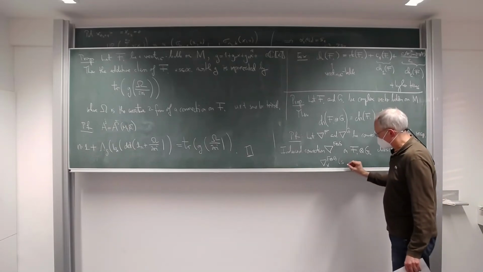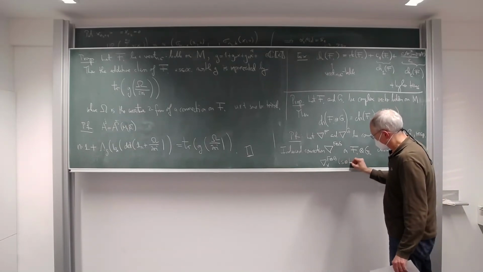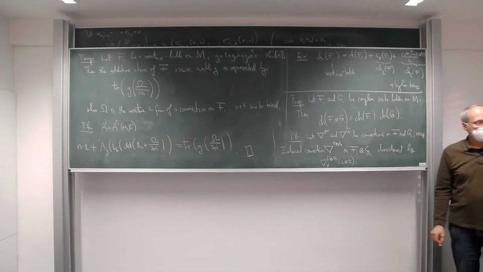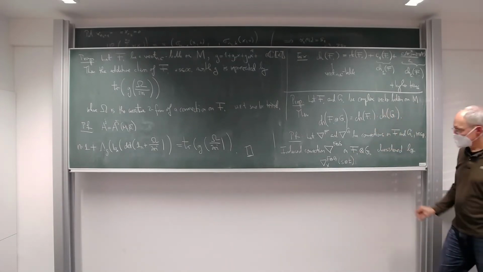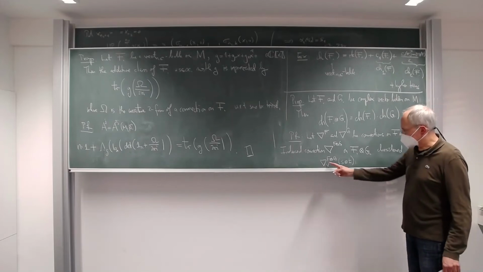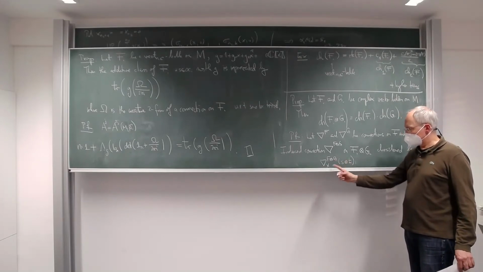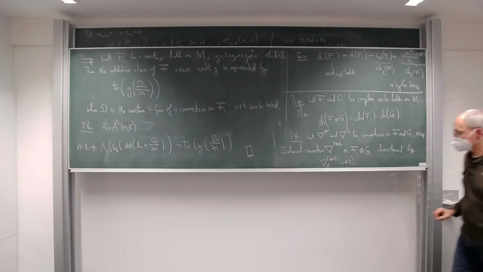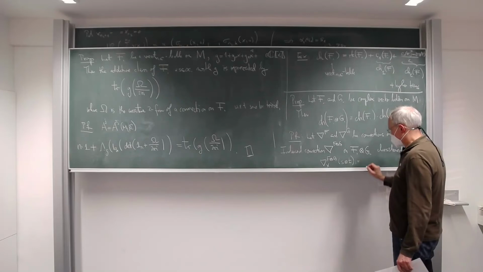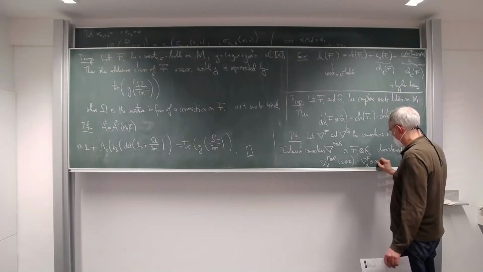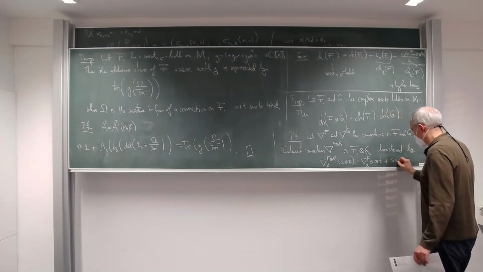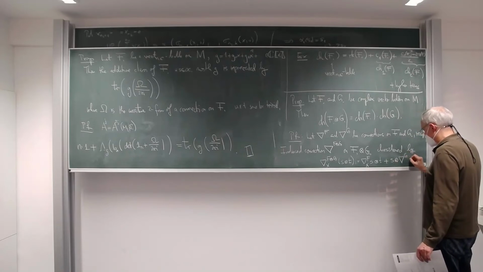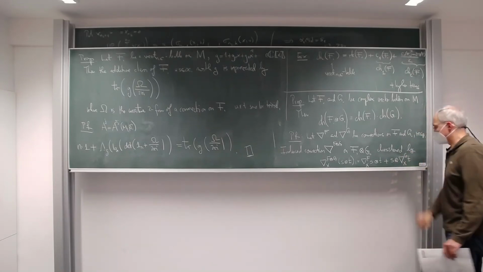Such a section can be written as linear combinations of pure tensor products, and so by linearity, by the general rules of connections, it's sufficient to specify what it does on such products. And what it does is a Leibniz rule. So we first differentiate S tensor T: the derivative of S tensor T, plus S tensor the derivative of T.